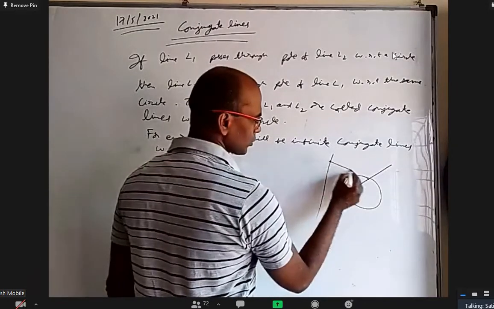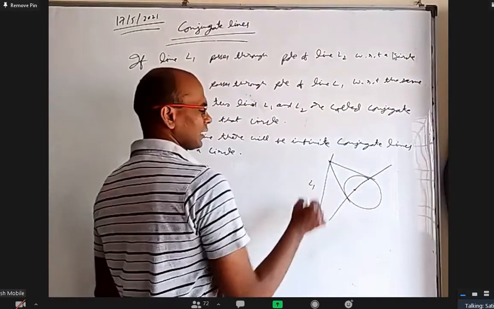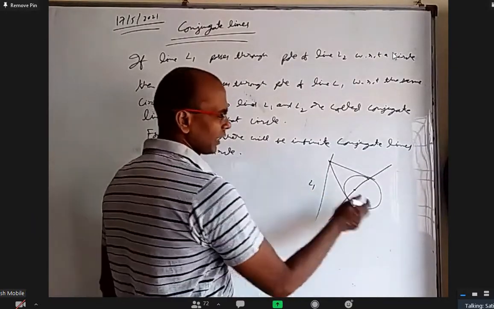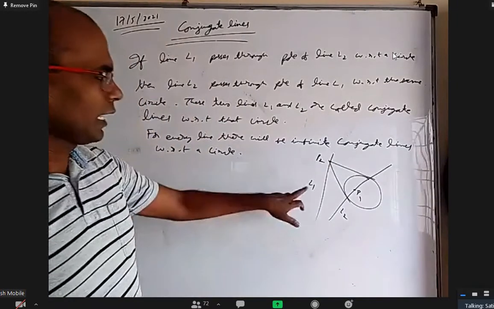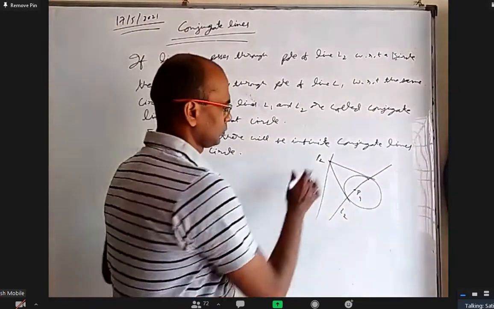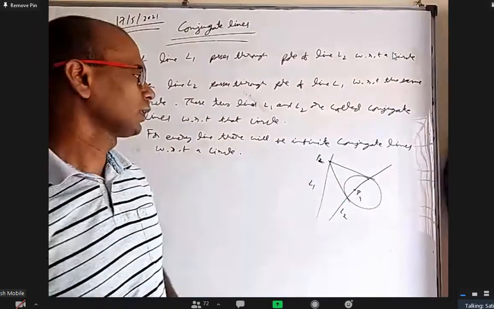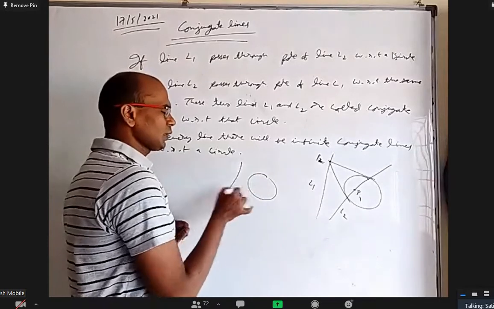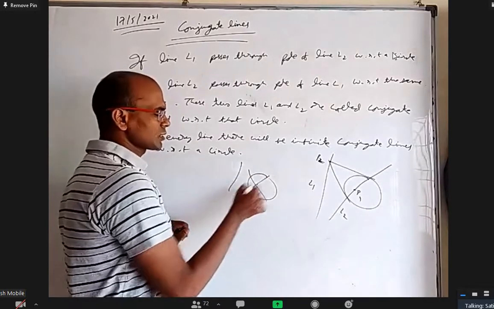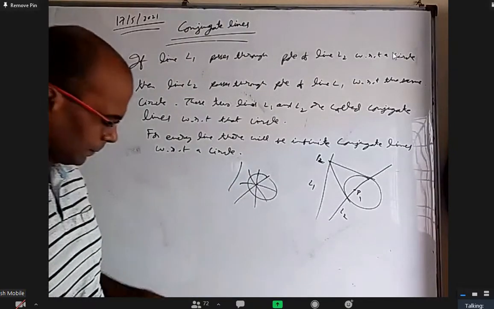You will be able to draw two tangents like this. So this is line L1, this is line L2. The pole of line L1 is P1, let us say the pole of line L2 is P2. So L1 is passing through the pole of the second line, then L2 is passing through the pole of the first line. These are conjugate lines. If a line is there and the pole is there, this is also conjugate, this also conjugate. Every line passing through the pole is conjugate to this.